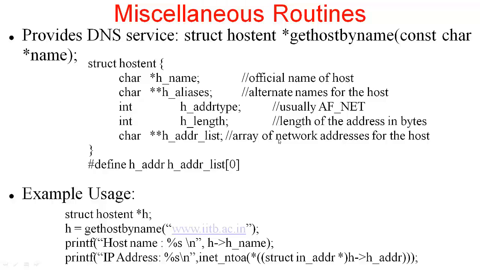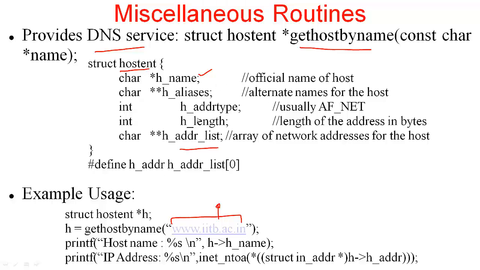For example, if you want to communicate with a given server name, then your code has to figure out the IP address that corresponds to this, for which you need the DNS service, for which you can use this particular function gethostbyname. So this is the structure that it uses. It specifies the name and the list of network addresses associated with this particular host.